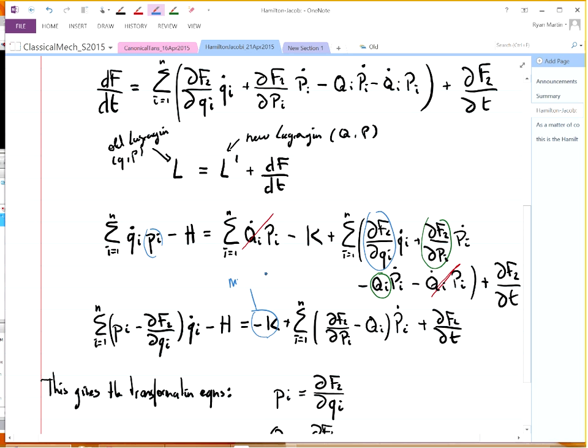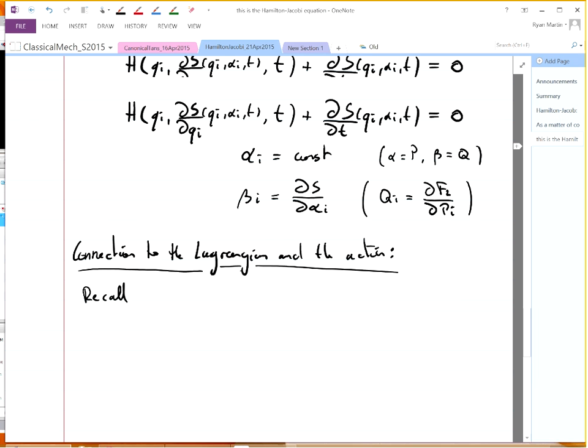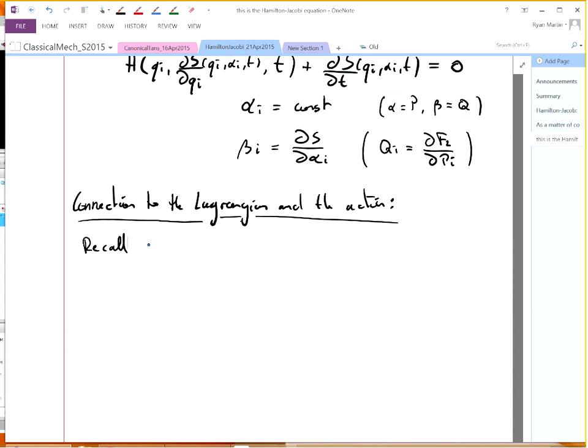So I'm missing that in the notes. If you compare my handwritten notes with the typed out ones, you'll find that they're not consistent. Okay, sorry about that.